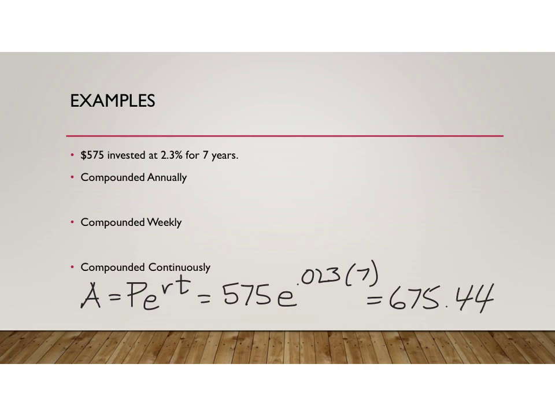So to do this in your calculator, just 575, then do a second ln, which gives you e to a particular power, which is 0.023 times 7.